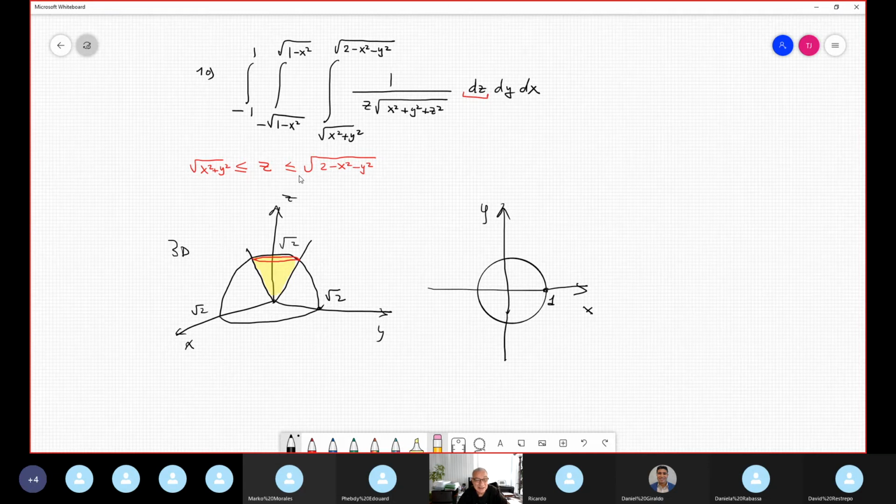The region is, let me see, the guy que set out this triple integral. Okay, let me use in blue color. Suppose que the region in 2D is, I have no idea, okay, is y between negative square root 1 minus x squared and positive square root 1 minus x squared.